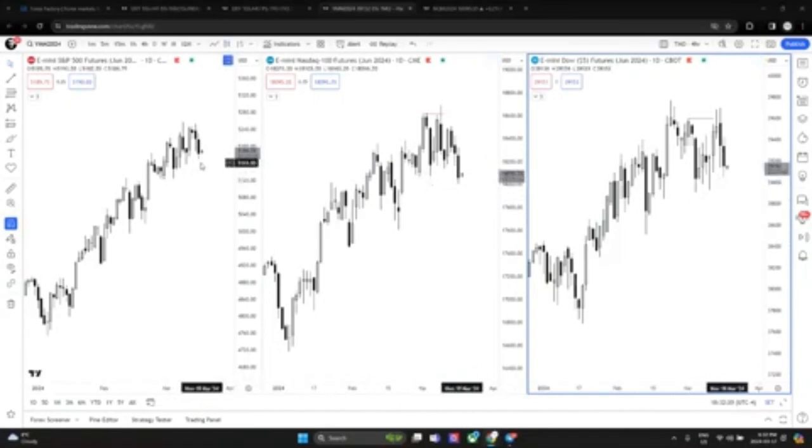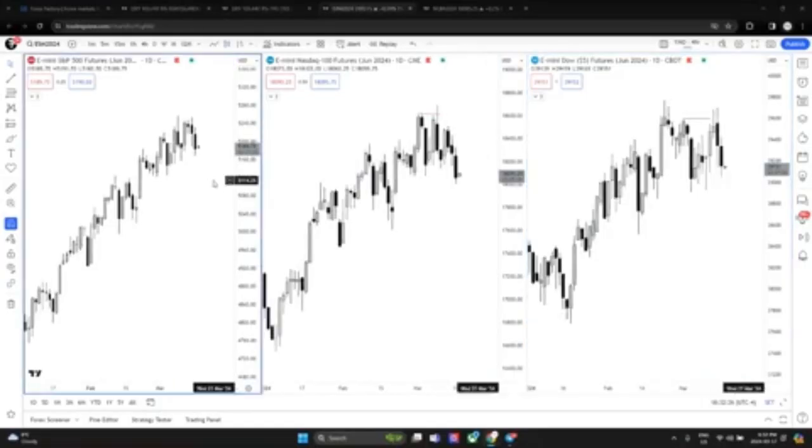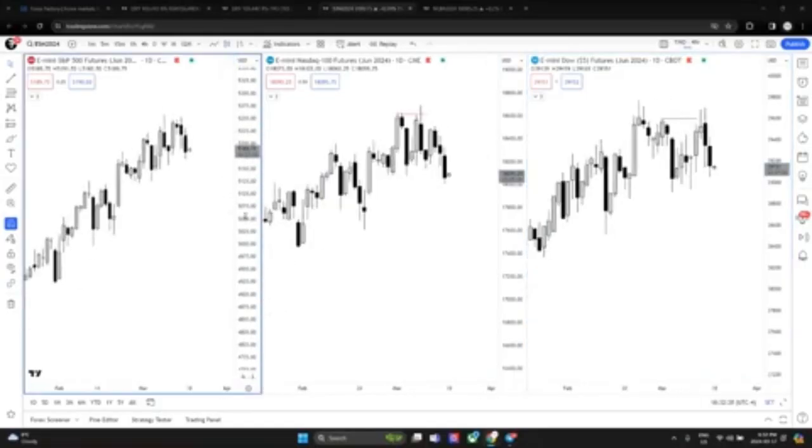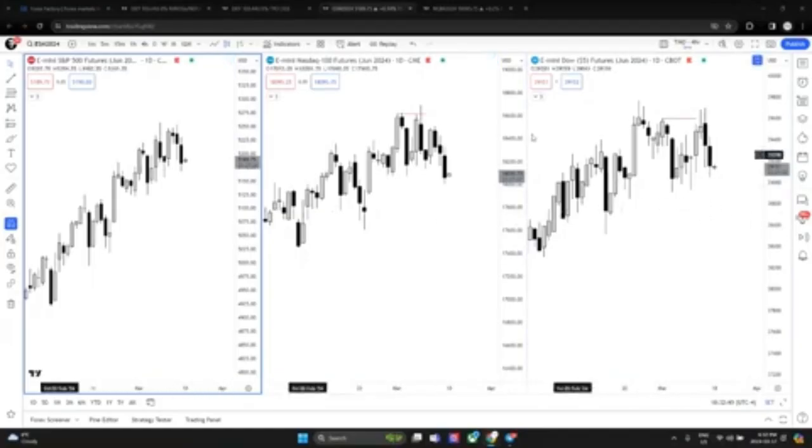Which usually just leads to consolidation. So it's not just that you need to see one asset create displacement. All three of them must do so, right? All three of them must do so.